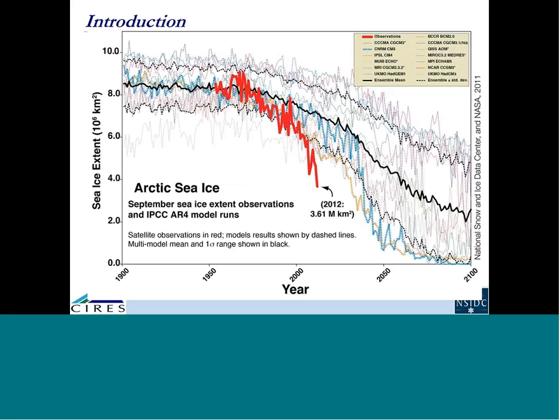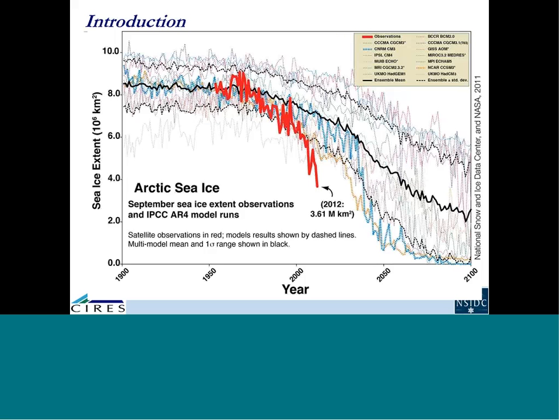So this figure is from a paper published by Julienne in 2007, and the title of the paper was "Arctic sea ice decline: faster than forecast." The point was that the trend in sea ice decline in the models is quite a bit slower than what we observed.